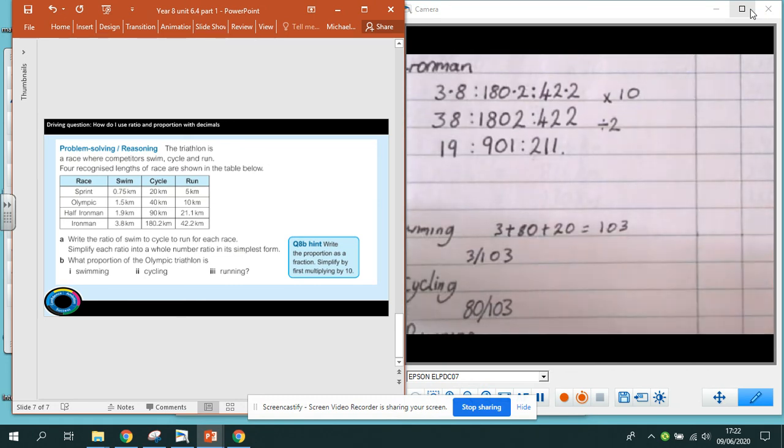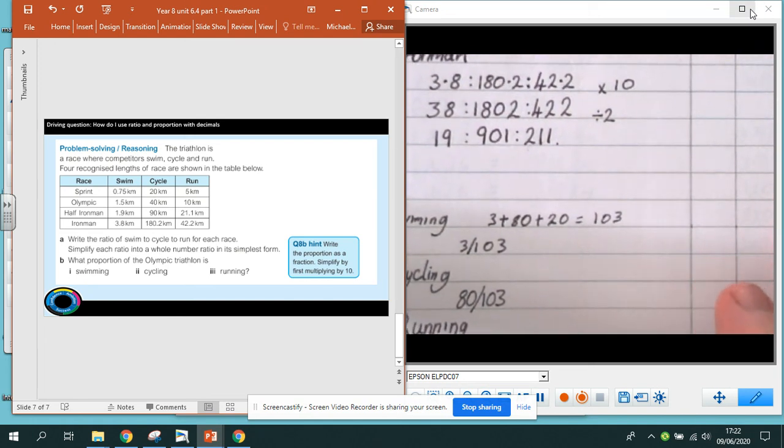So the last thing that we were asked to do is what proportion of the Olympic triathlon is swimming, cycling and running. Well, the first thing we have to do is to find out what's the total. Well, we've got 3 and 80 and 20, which makes 103, so everything is over 103 as a fraction.